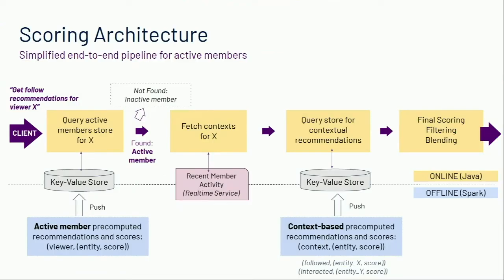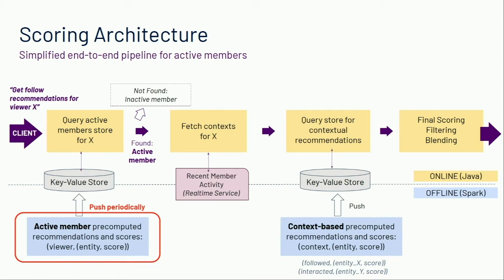But before that, I wanted to show you what the end-to-end pipeline looks like for active members and how the personalized recommendation integrate into this pipeline. So you can see first that the pipeline is split into the offline parts where all the pre-computations happen in Spark.